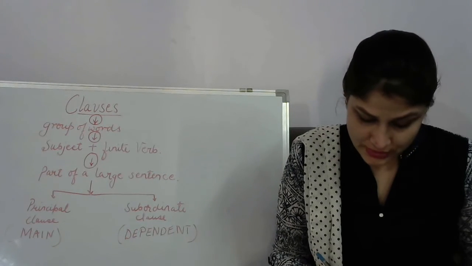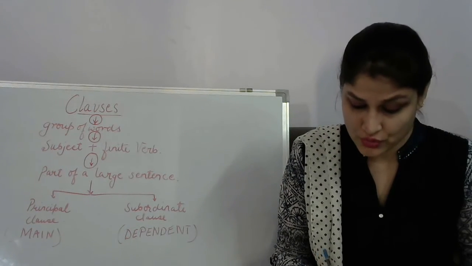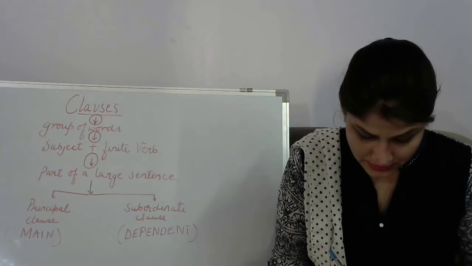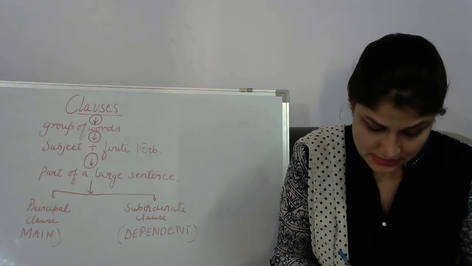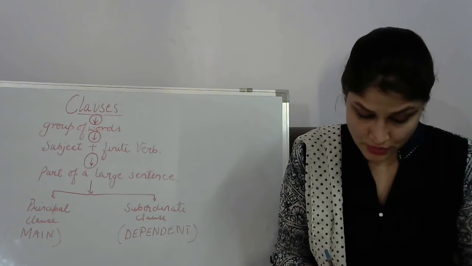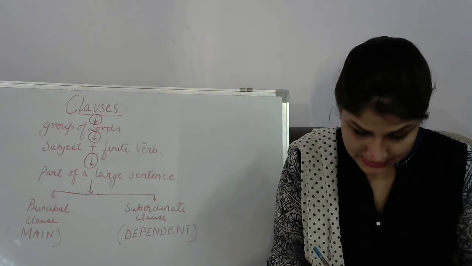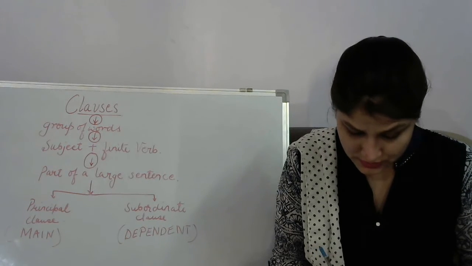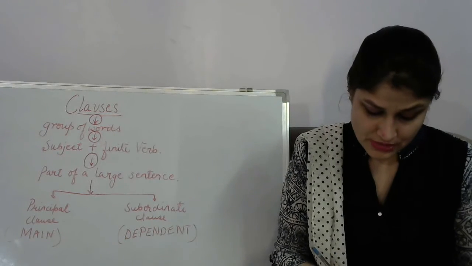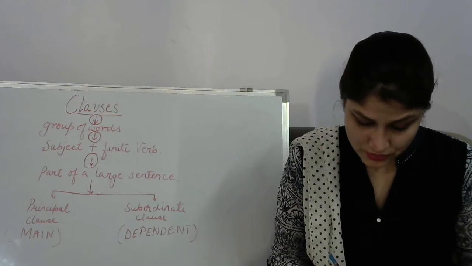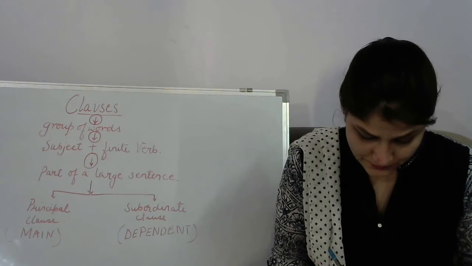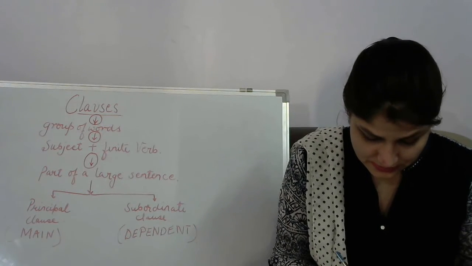Number 5. Those who live in glass houses should not throw stones at others. Who live in glass houses, underline it. And those, circle it. Number 6. They never fail who die for a noble cause. Who die for a noble cause, underline it, and they, circle it. Number 7. He that is down need fear no fall. So that is down is underlined and he is circled. Number 8.